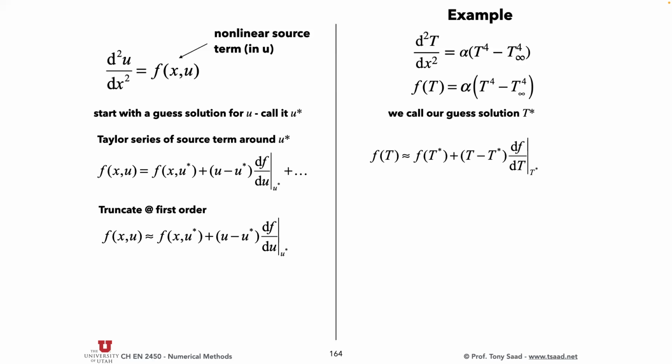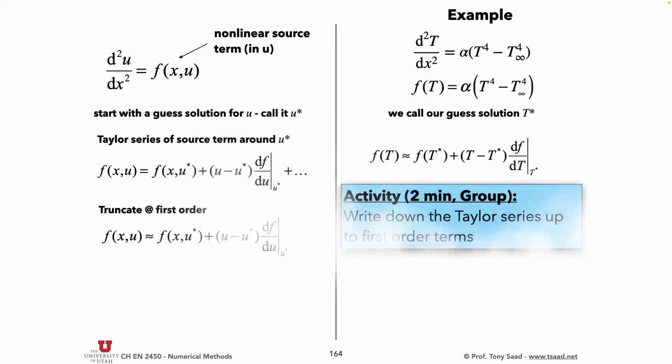So now go ahead and apply this truncated formula to this problem. Your right-hand side here is alpha times t to the 4 minus t infinity to the 4. Assume you have t star. Go ahead and apply this to our right-hand side, alpha t to the 4 minus t infinity to the 4. Go ahead and write it down.